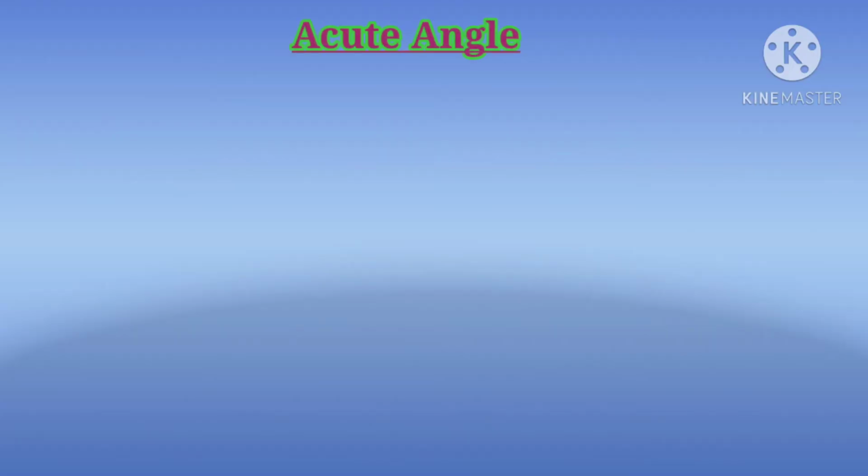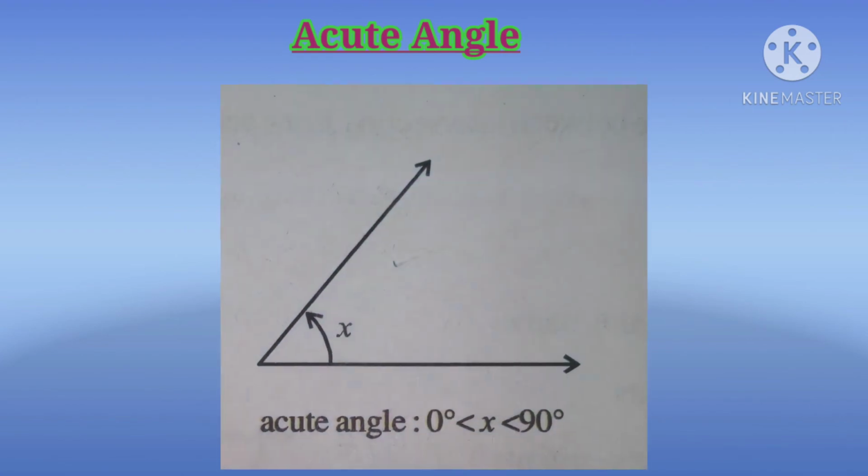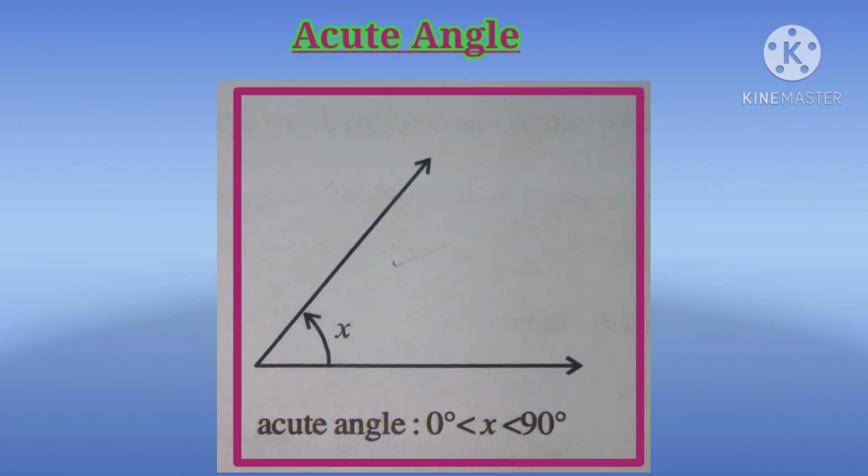Students, you have studied different types of angles such as acute angle. Here on the screen you can observe acute angle X. Acute angle lies in between 0 degrees and 90 degrees. That means 0 degrees is less than X is less than 90 degrees.